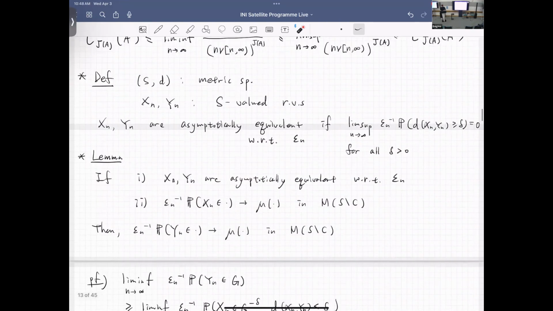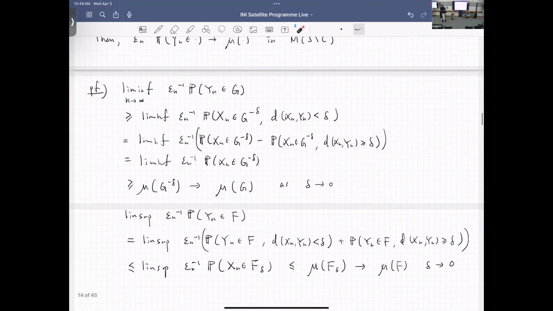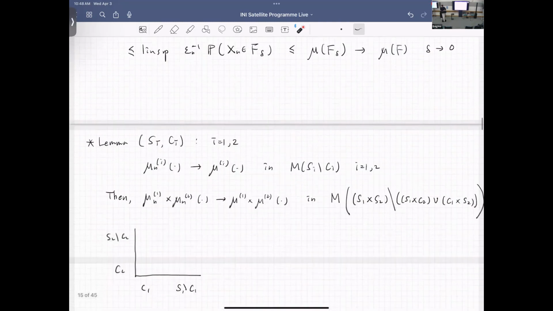Okay, I thought I would have at least one proof here, but let me just skip it because there are lots of other things.